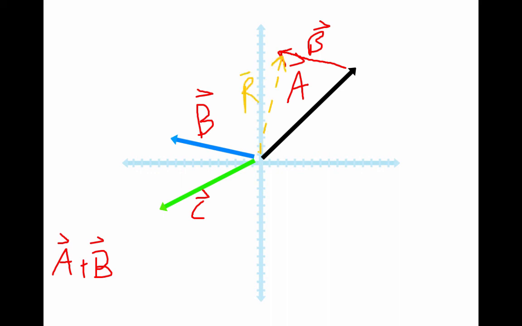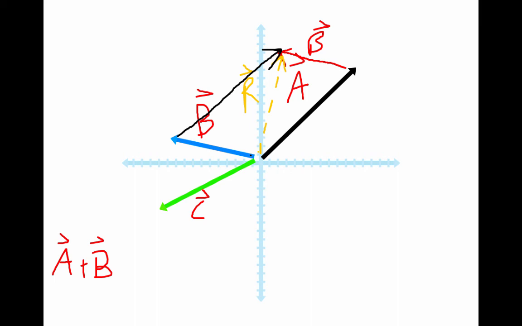That is vector R, our resultant vector. And I could have done the reverse. If I did B first, then A, that puts me in the same exact spot. The order of addition does not matter when combining vectors.